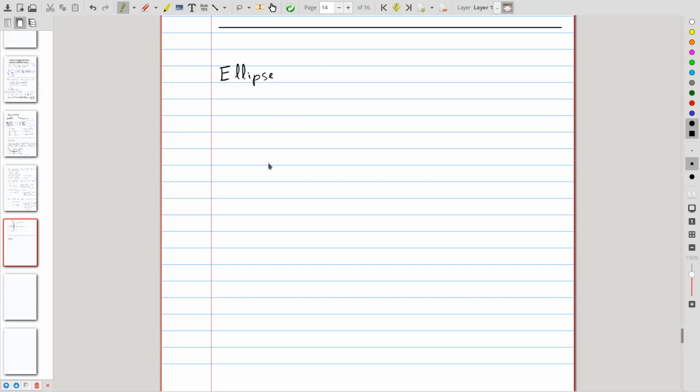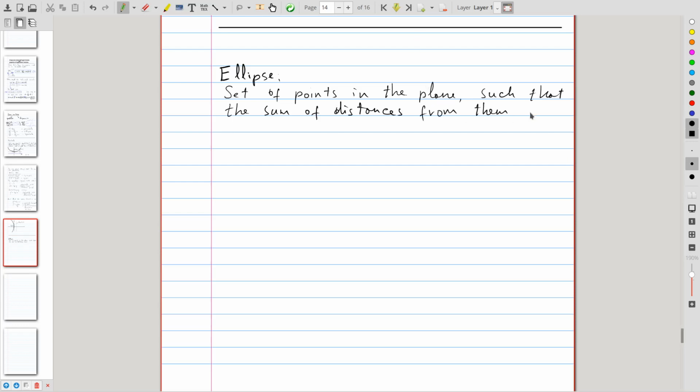The geometric characterization of the ellipse, similar to the one that we had for the parabola, is the following. It is a set of points in the plane such that the sum of distances from them to two fixed points, which we will call f1, f2, and they will be foci of the ellipse, is constant.